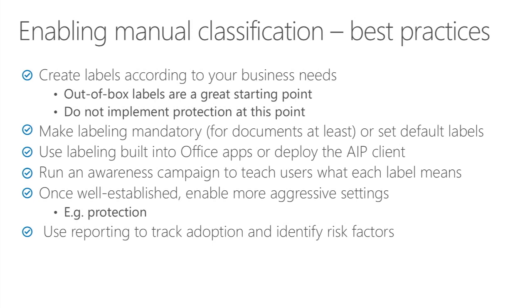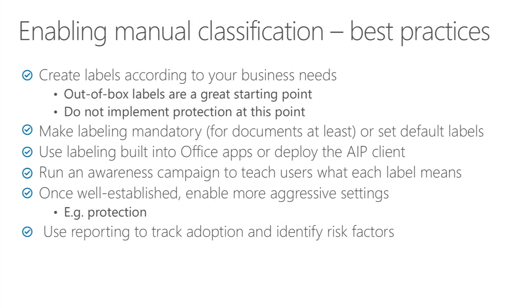The second question is about protection. I know that lots of customers are quite concerned about the impact of applying protection. What's going to be the business impact? Would it prevent other users from consuming the data? The answer is yes. And for that purpose, you have to be very careful before you apply protection. Our rule is basically to start without deploying protection.